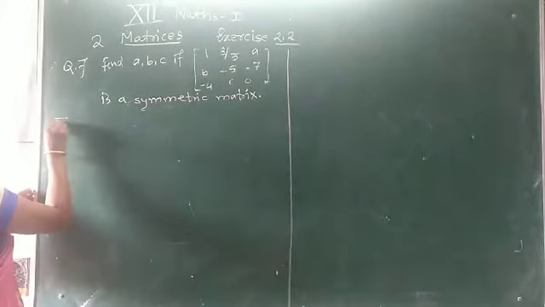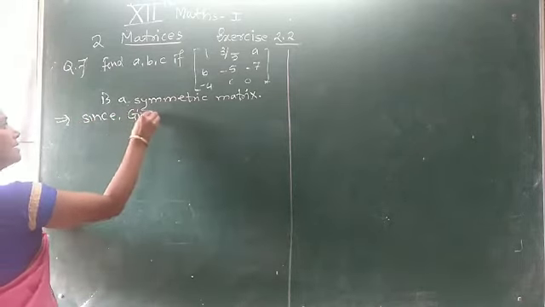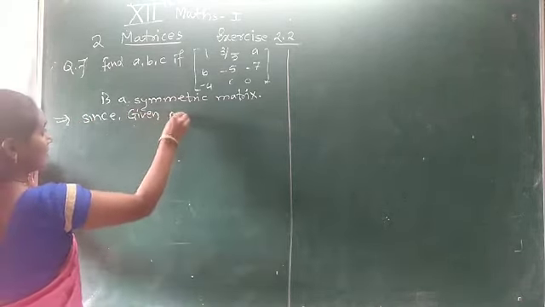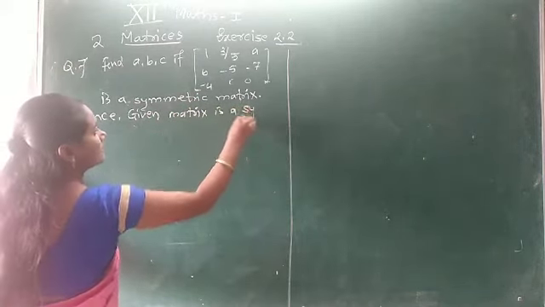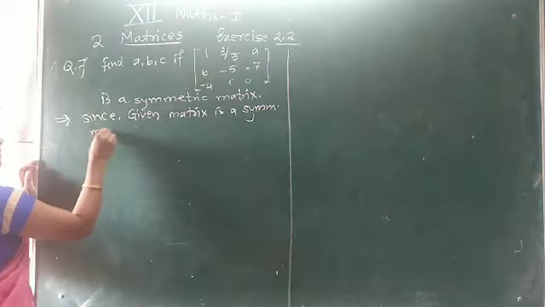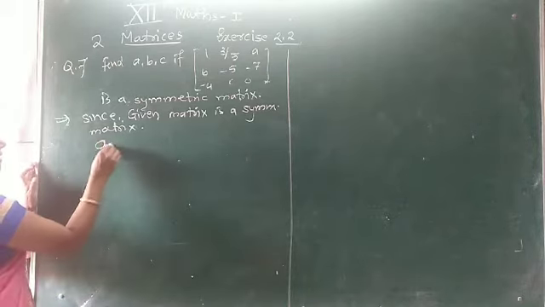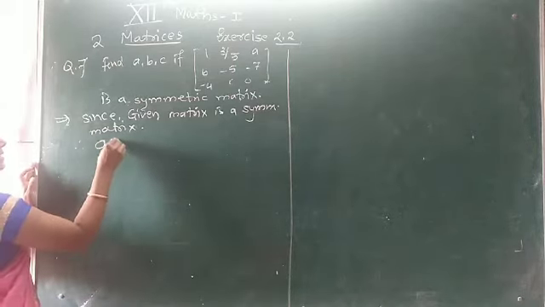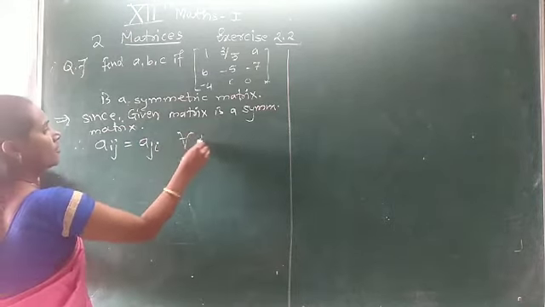Right, solution. Since the given matrix is a symmetric matrix, by the definition of a symmetric matrix, aij is equal to aji for all i and j.